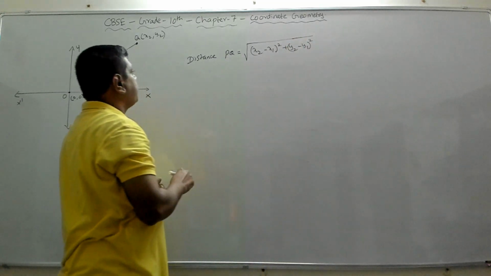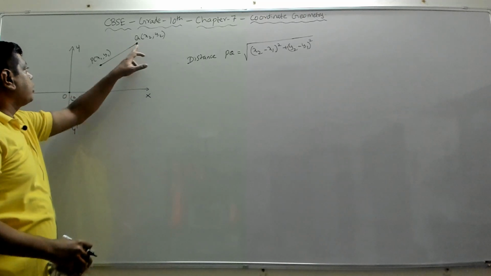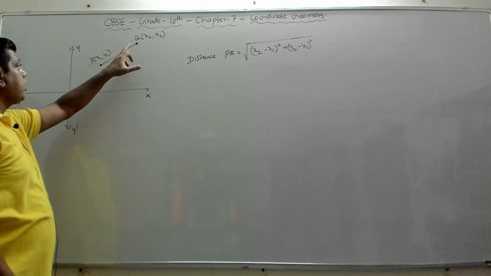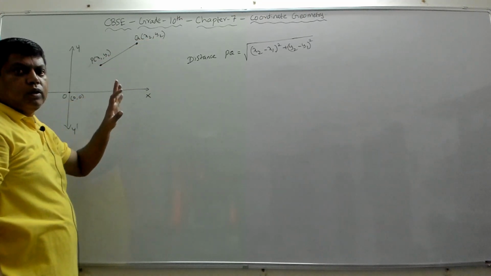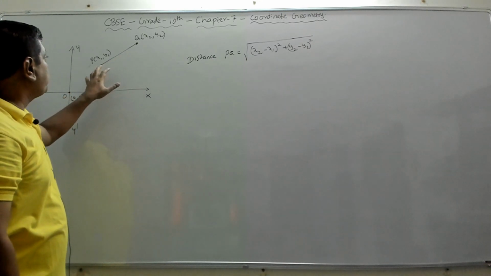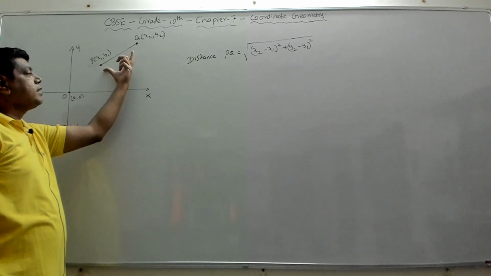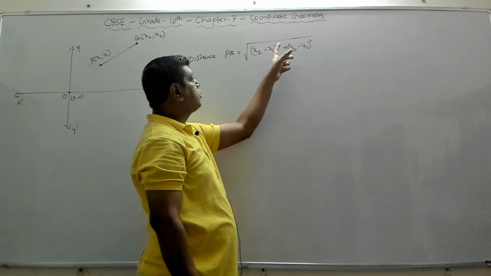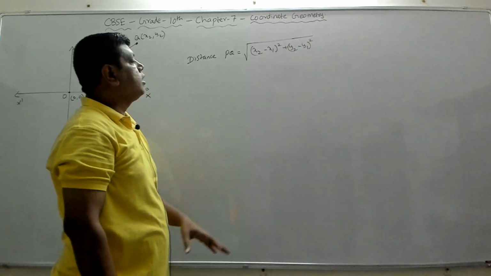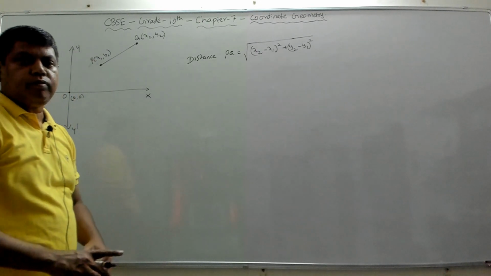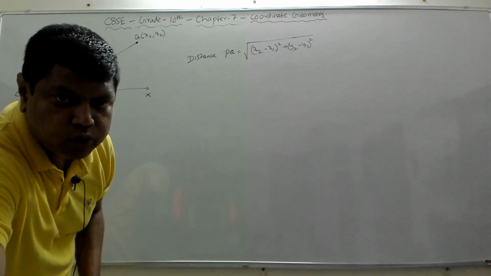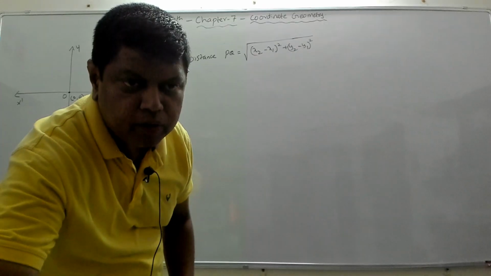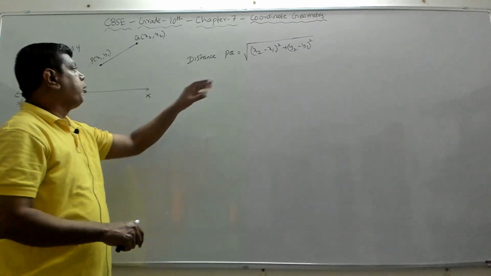For finding the distance between the points P and Q, the coordinate of P is (x1, y1), and the coordinate of Q is (x2, y2), then the length of the line segment PQ is the square root of (x2 minus x1) the whole square plus (y2 minus y1) the whole square. Fine. So that's how we have the distance between 2 points.